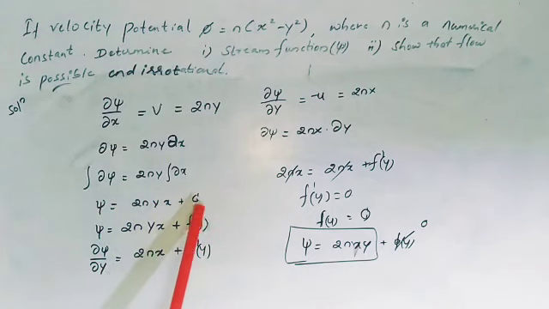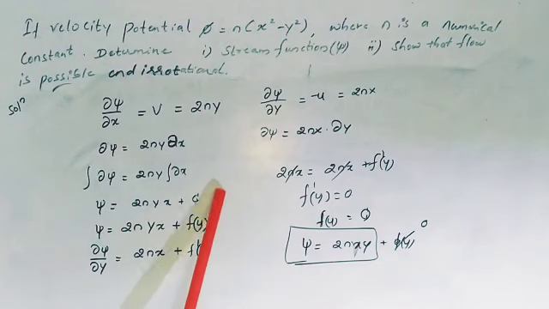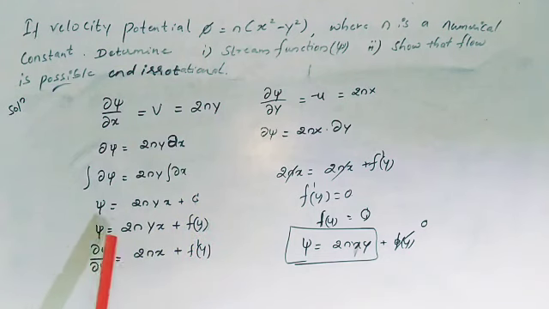So this constant term cannot be a function of x, so it will be a function of y. So we have written psi equals 2nyx plus f of y. Again, if I differentiate this equation with respect to y, we get 2nx plus f dash y.